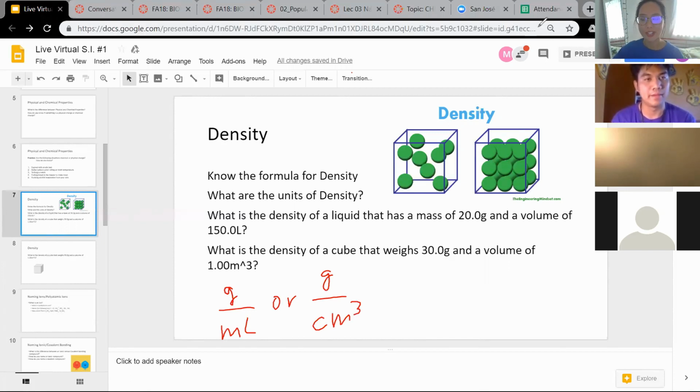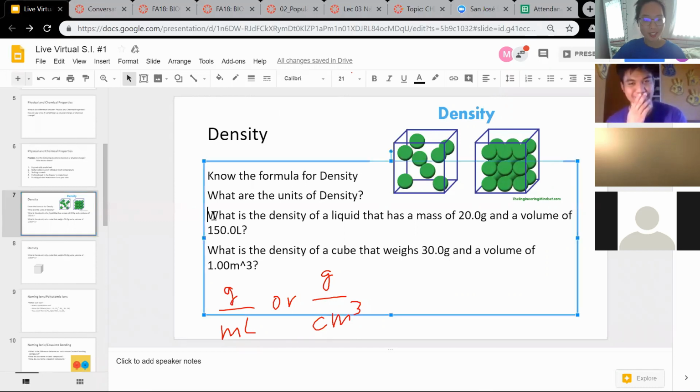So now that we have some background information on what density is, let's go ahead and try out these two practice problems. Number one is, what is the density of a liquid that has a mass of 20 grams and volume of 150 liters? So, that's supposed to be milliliters, actually.